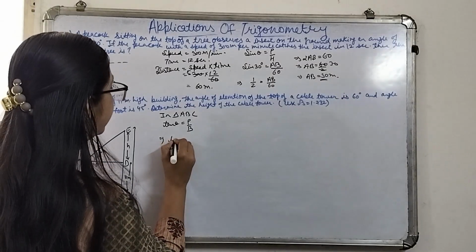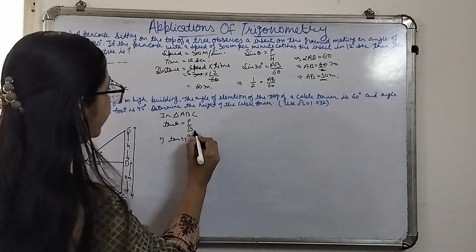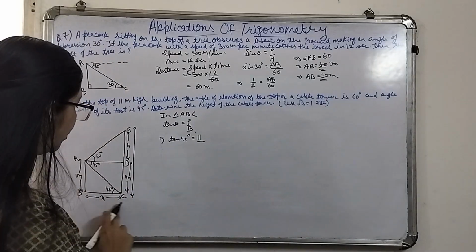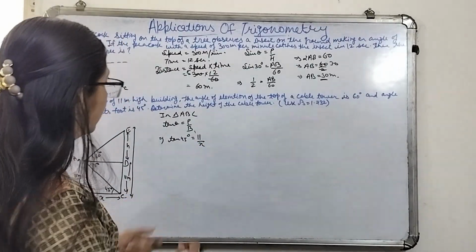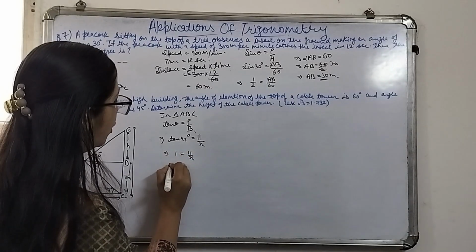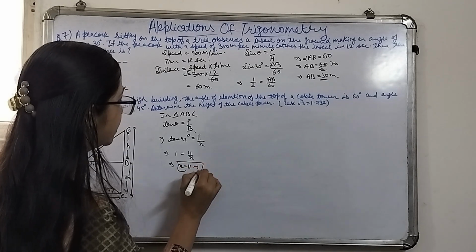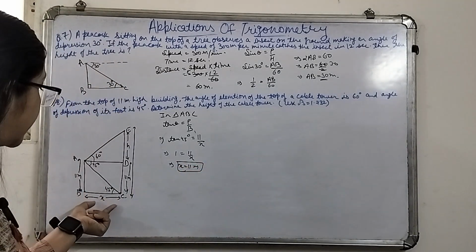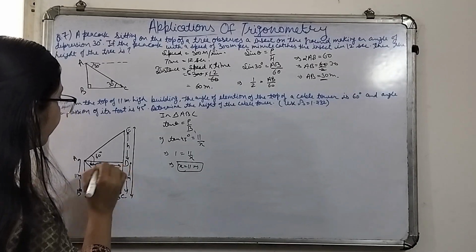That means tan 45 degree is equivalent to perpendicular, which is 11, over base, which we have assumed to be X. The value of tan 45 is 1. So keeping its value, 1 is equal to 11 over X, or we can say the value of X is 11 meters. This is the value of X. And if this is 11, this will even be 11 meters.